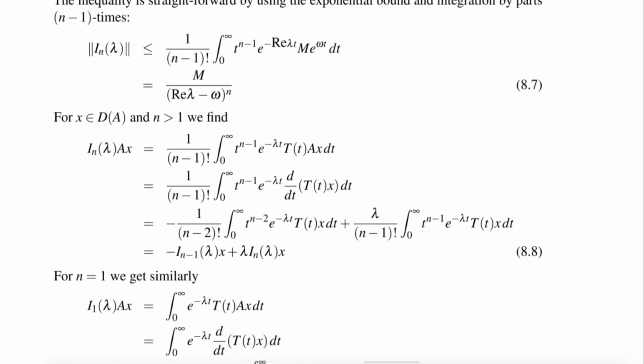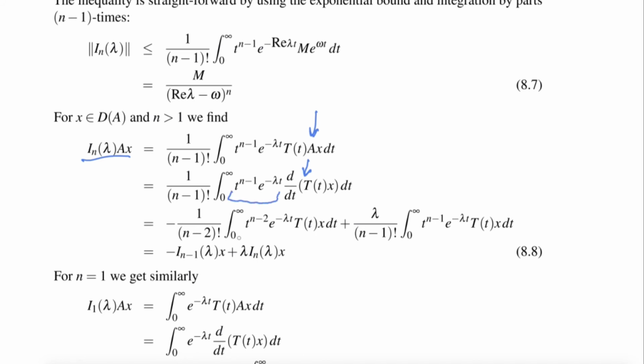So now I want to show somehow that this I_n is also a resolvent. So I apply it to A. So I write the whole thing down where I put in the A right there. But I know A T(t) is also d by dt of T(t). That's the semigroup, one of the fundamental theorem results. And then to get rid of the time derivative, I do integration by parts once again here. But now this is a product rule.